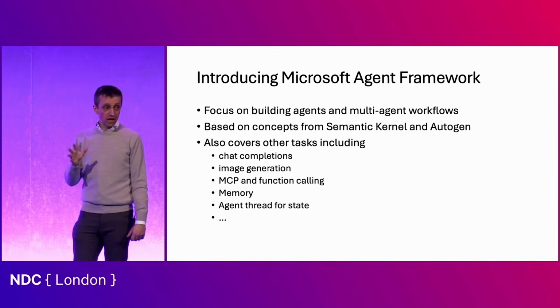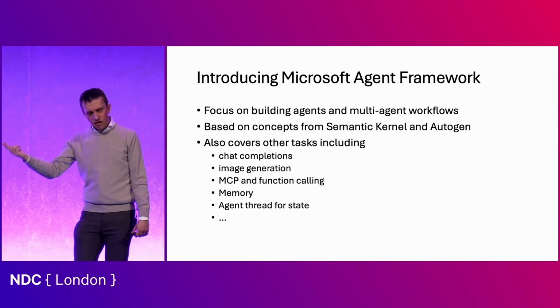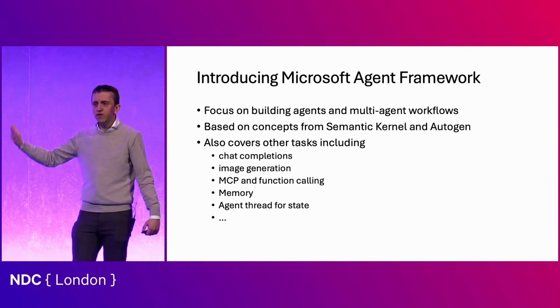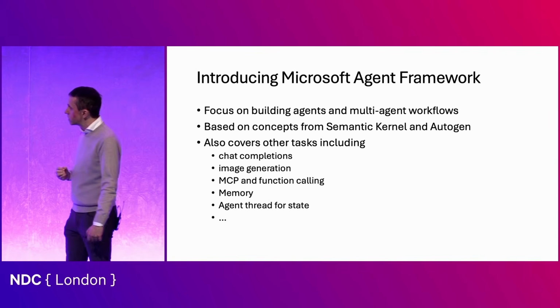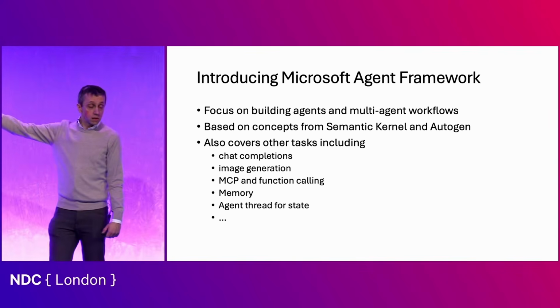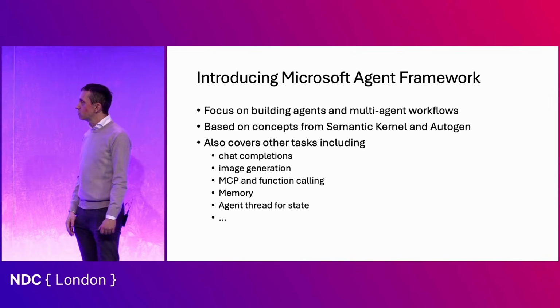A lot of the things will sound very familiar. It can do everything that we've seen: chat completions, text, image generation, tools. It has better support for MCP than Semantic Kernel because MCP is newer and Agent Framework is also newer, hence the communication. Threading is now what is history. It's now called agent thread. Agents can also do the whole history thing.